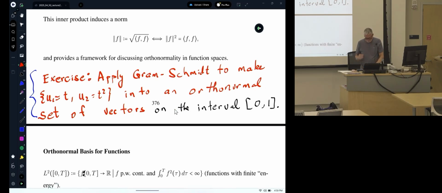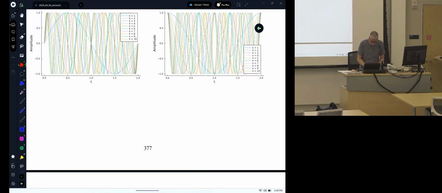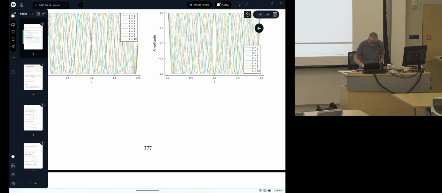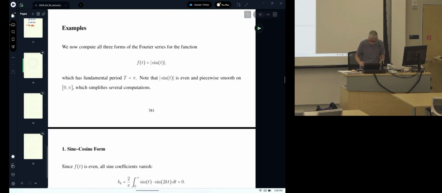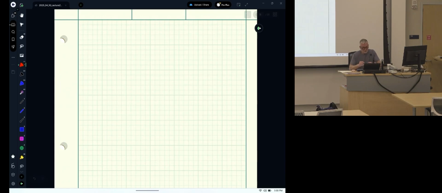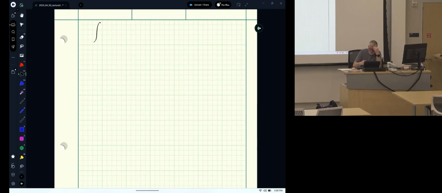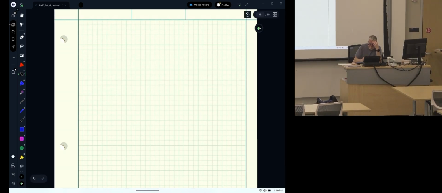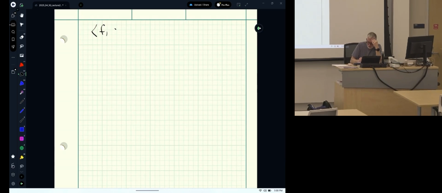Okay. So I'll go to a blank page and write things down. I'm just going to set things up again. The inner product of two functions is the integral from 0 to T of f of t, g of t, dt.